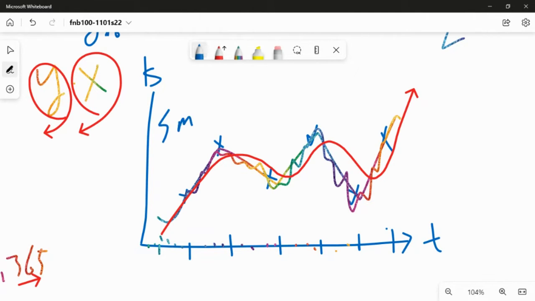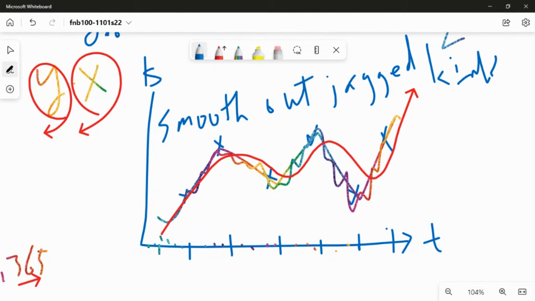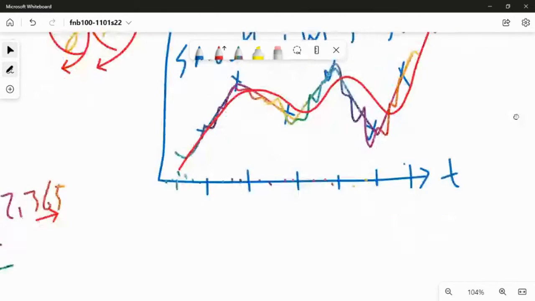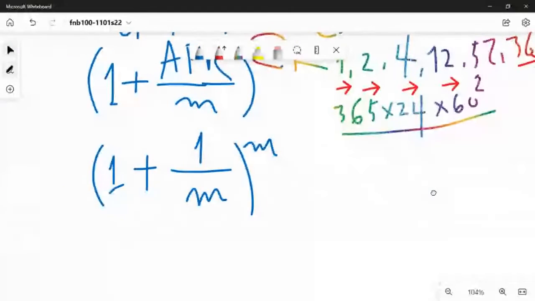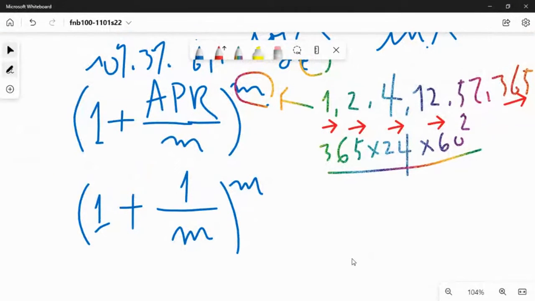We'll be able to smooth out the jagged kinks in the plot, right? So now I kind of digressed a little too much, but the question was, what will be the ultimate n?